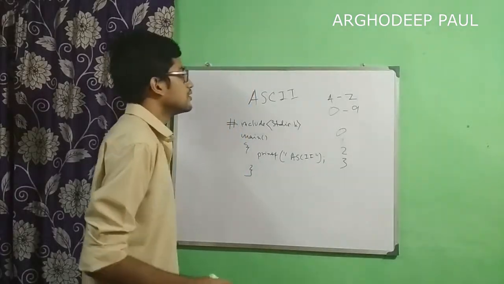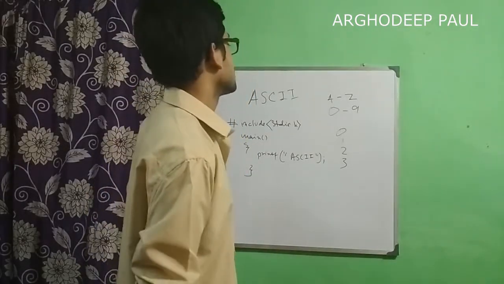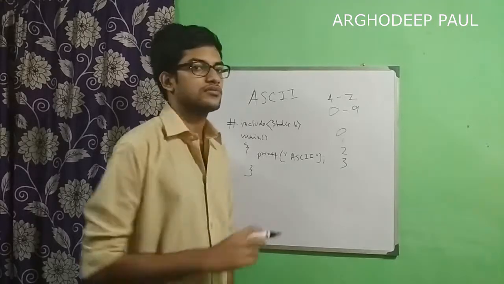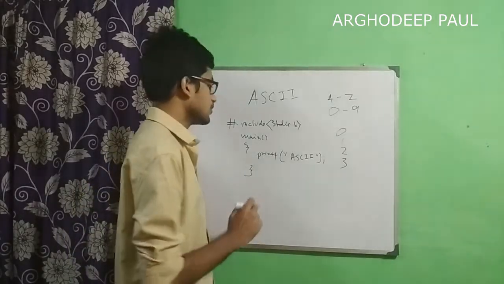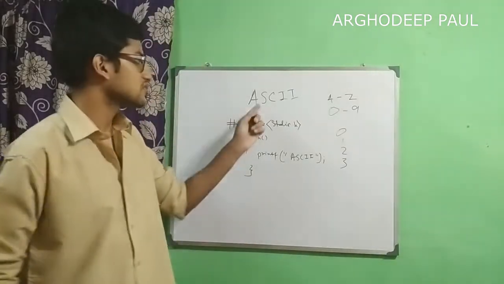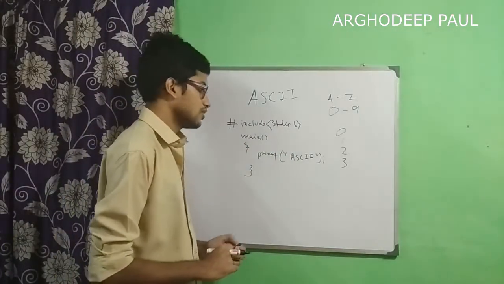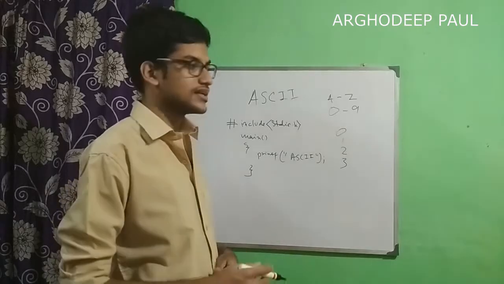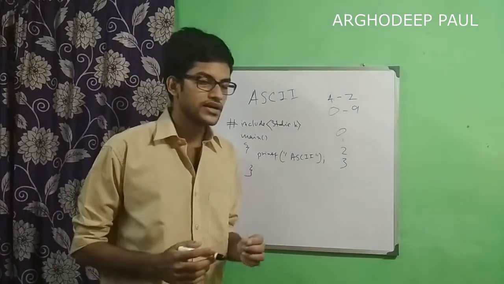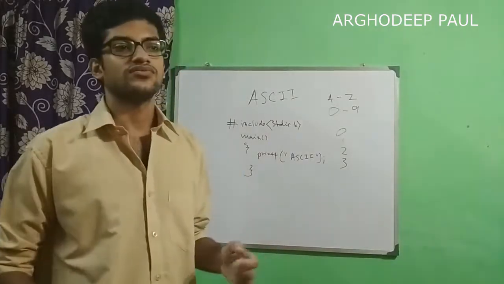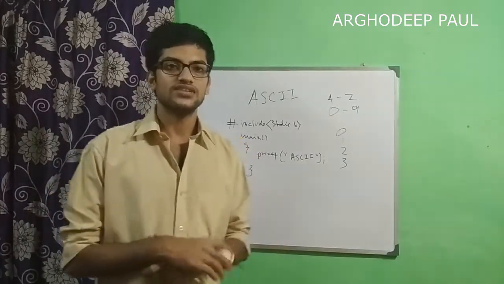Now, why do we need ASCII, American Standard Code for Information Interchange? When we are talking about the significance of ASCII, first we have to understand that we are operating on computers, mobiles, laptops, any electronic device.